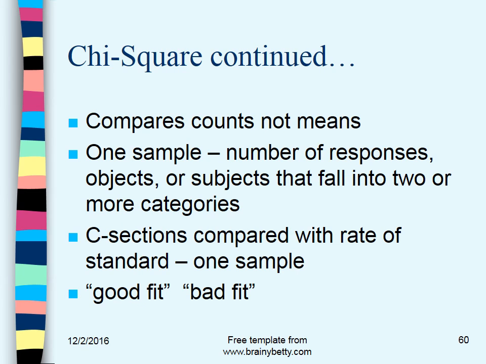It compares counts, not means, and so if you've got a sample, their number of responses, the number of objects or subjects that fall into two or more categories can be evaluated, and this is an easy type of statistical test to complete, so this is one that we might see more commonly in research studies as well. An example would be like C-sections compared with the rate of standard birth. That's one sample. Is it a good fit or a bad fit?